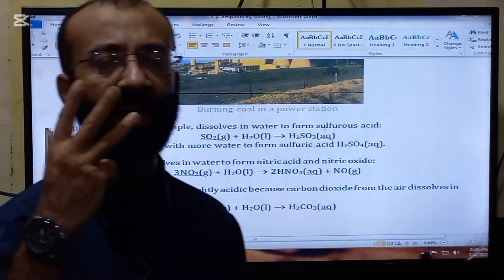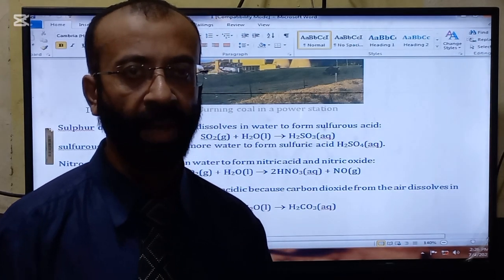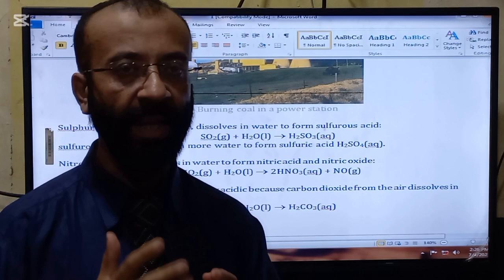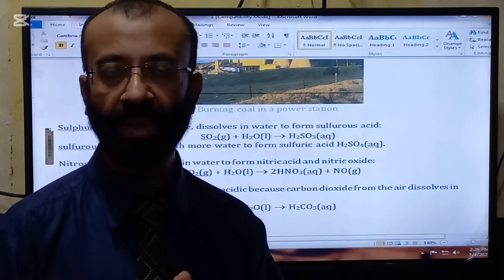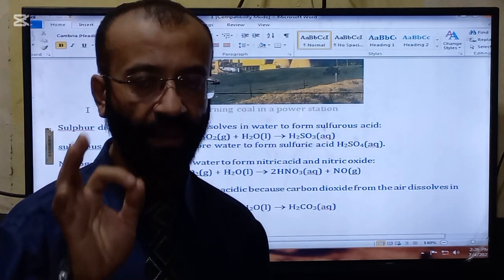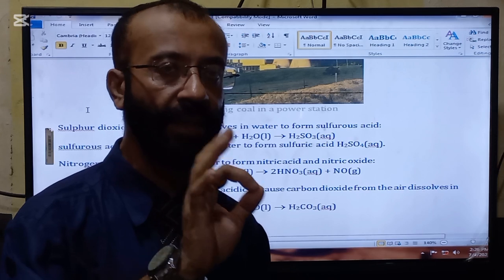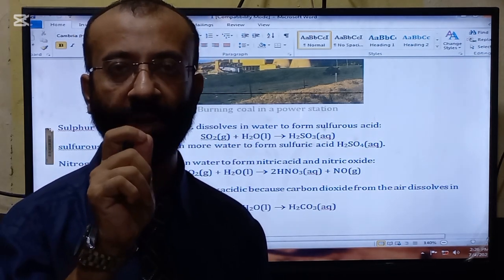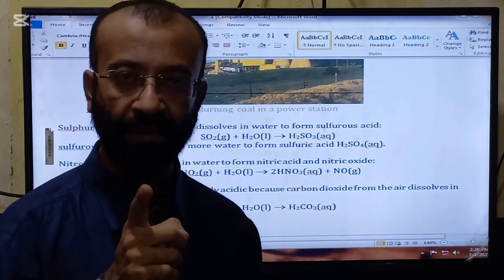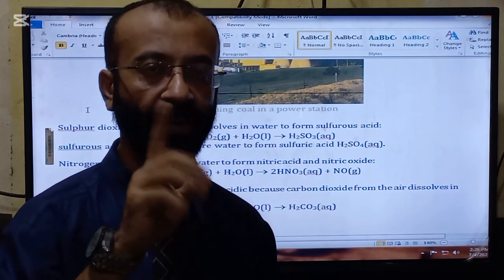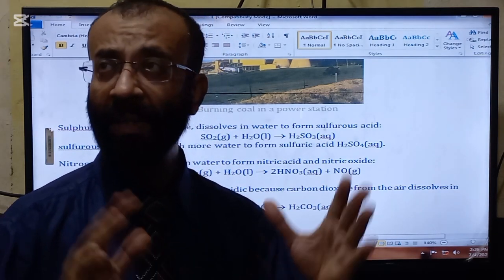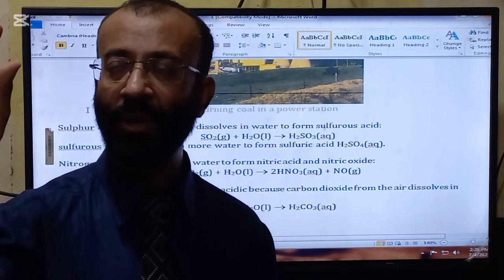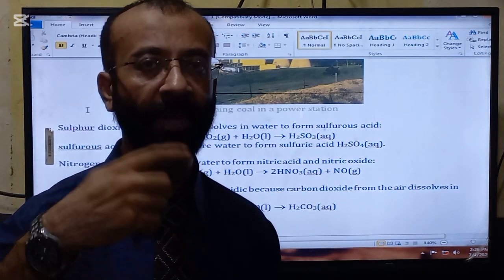So actually three things are there. Two gases are produced by the combustion of fossil fuel: sulfur dioxide and nitrogen dioxide. Nitrogen dioxide reacts with water to form nitric acid and sulfur dioxide reacts with water to form sulfuric acid. Moreover, there is carbon dioxide gas in the atmosphere that dissolves in water to form carbonic acid.